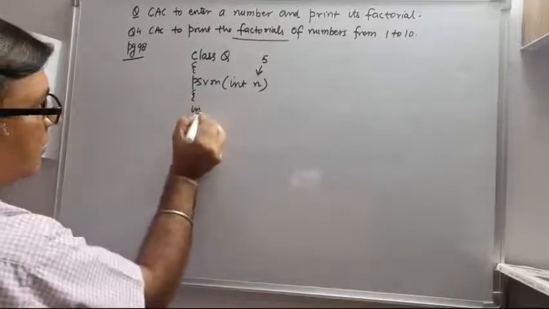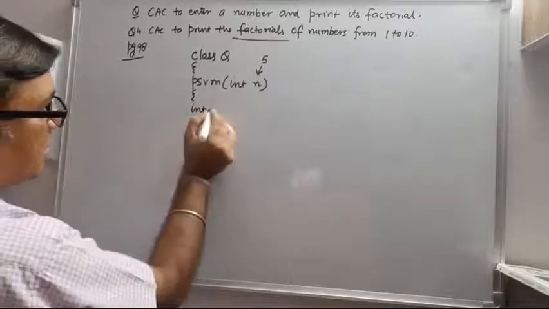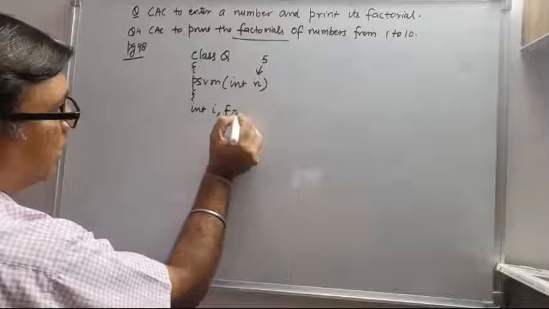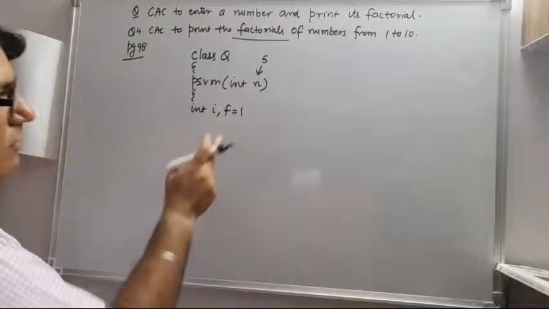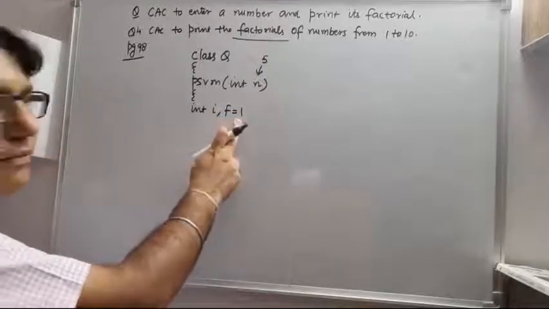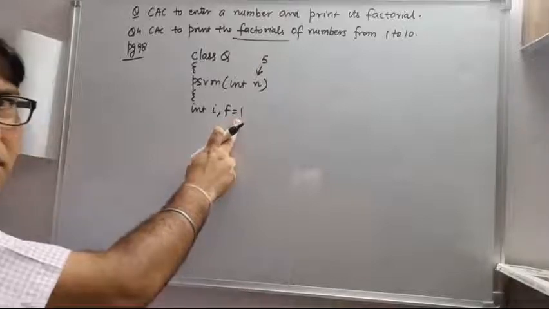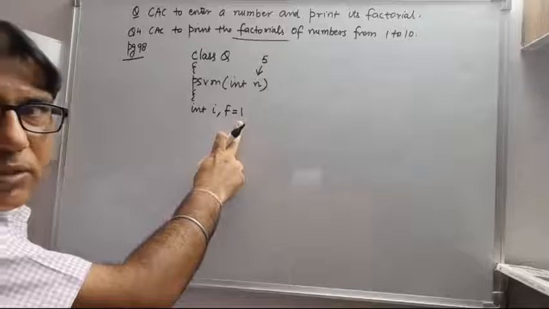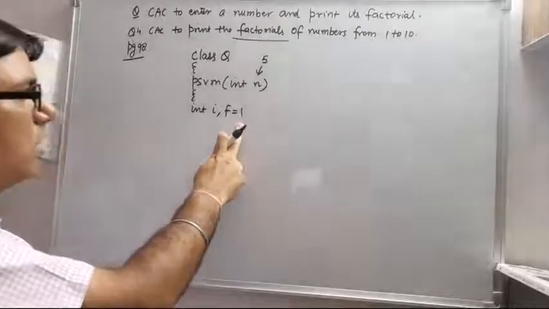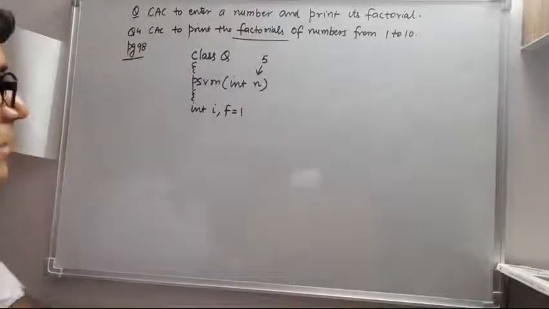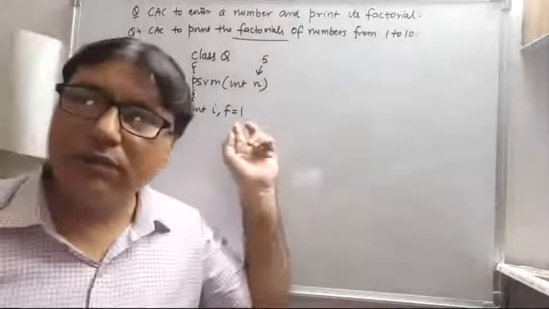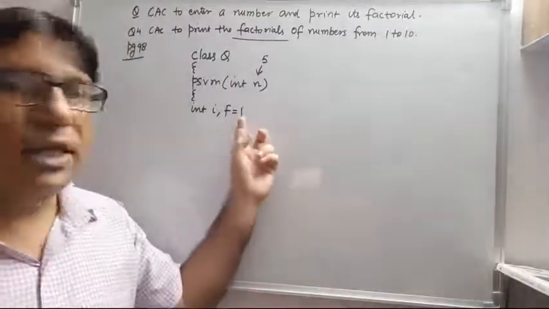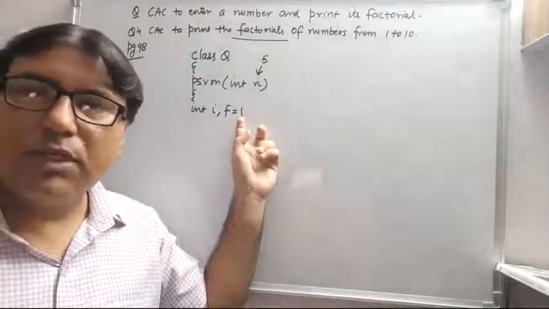We'll take certain variables such as i, and f to store the factorial. The value of f is first of all 1, because we are multiplying. For multiplying, the accumulator should be equal to 1. For addition, the accumulator should be equal to 0, because if we multiply any number by 1, the answer will be the same number, and if we multiply any number by 0, the answer will remain 0.